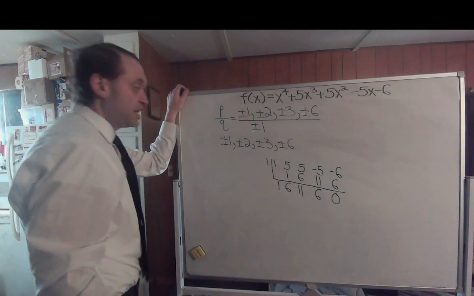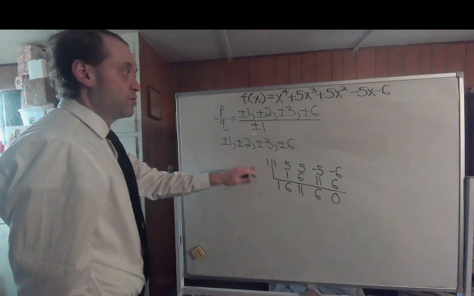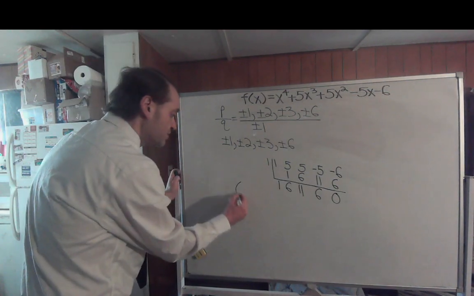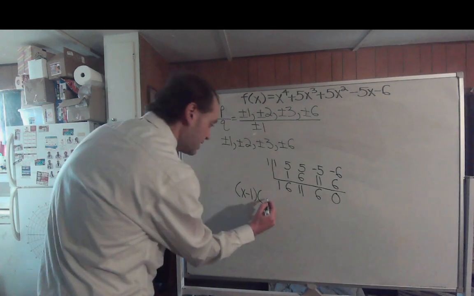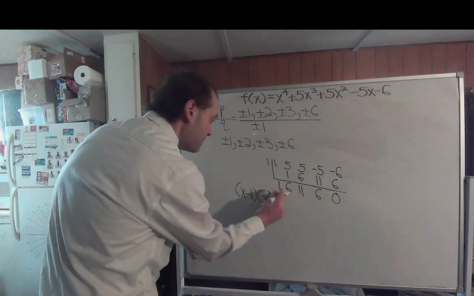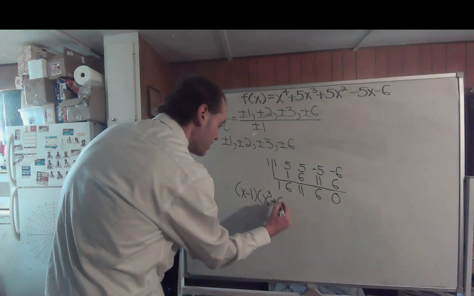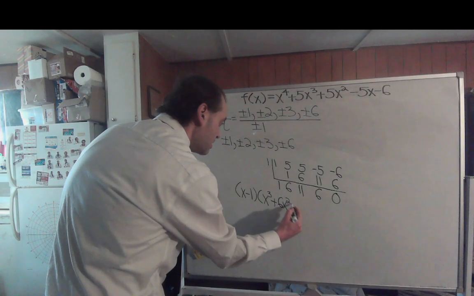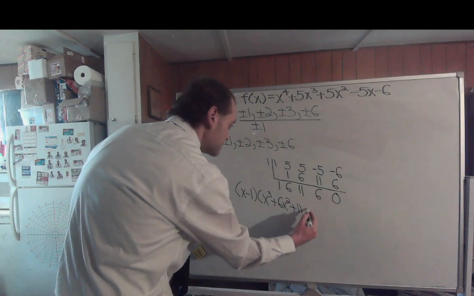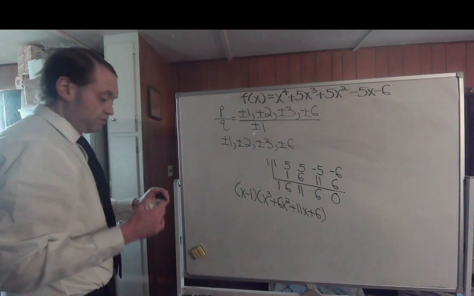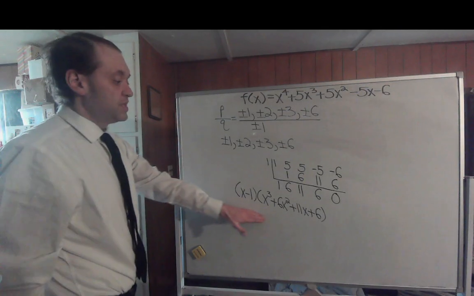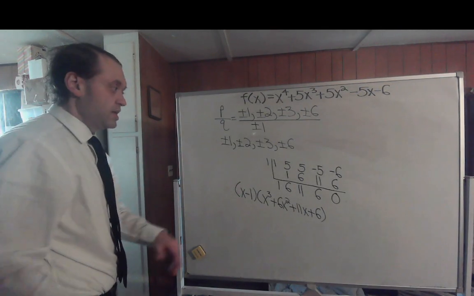Well, it looks like positive 1's the rational zero that works, so this is going to factor into x minus 1 times the quantity of x to the 3rd plus 6x squared plus 11x plus 6. So that's what this would factor into to start with.